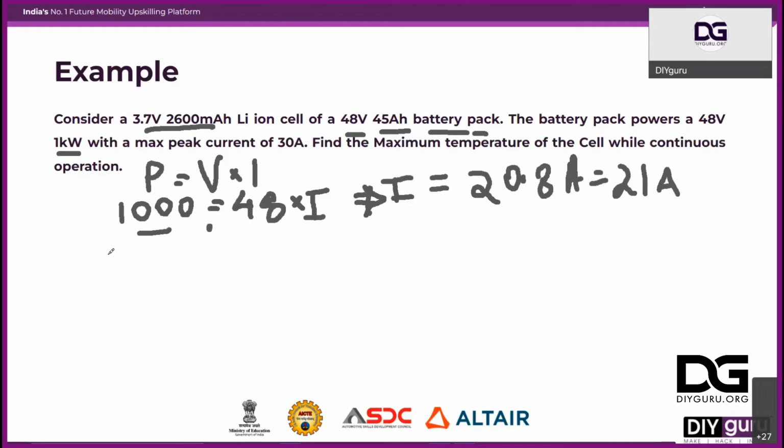So I rated is 21 amps, and I peak is equal to 30 amps. Is it clear till now, or did you find something that I need to repeat?